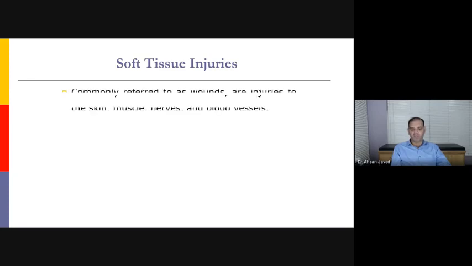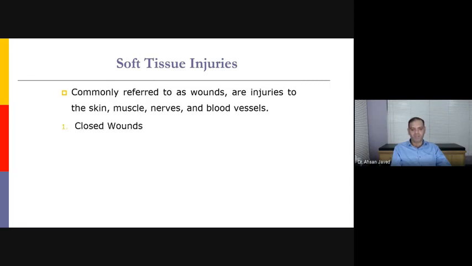Next is soft tissue injuries, commonly referred to as wounds. These are injuries to the skin, muscles, nerves, and blood vessels. The soft tissue injuries can be open or closed. So in the next section we'll be covering soft tissue injuries, which are of two types.